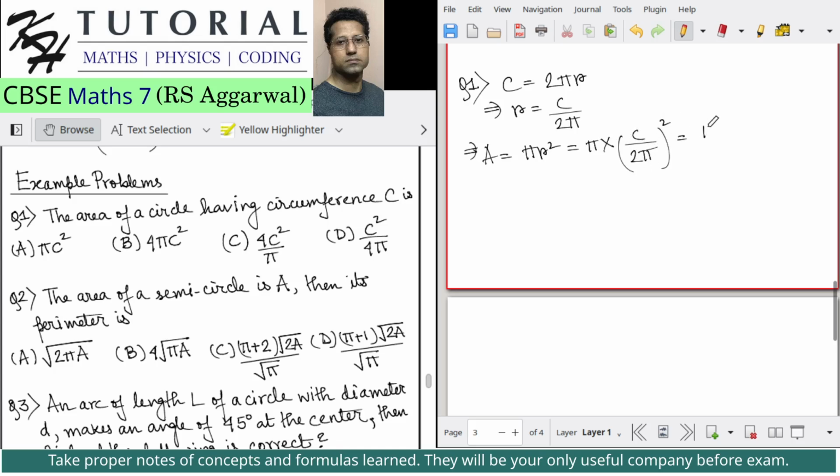This is equal to pi C square by 4 pi square, and one pi will cancel out, so this is equal to C square by 4 pi. So the area of the circle will be C square by 4 pi.